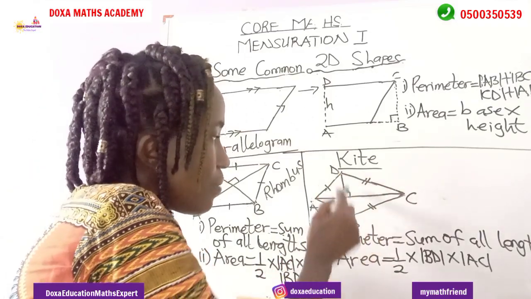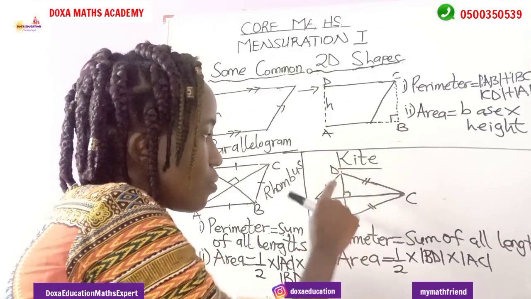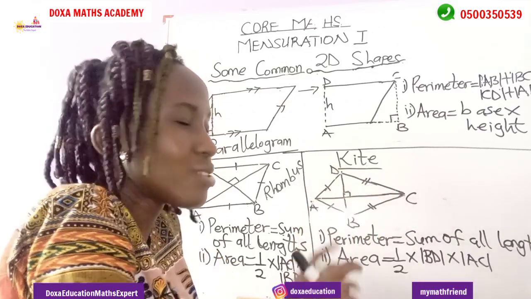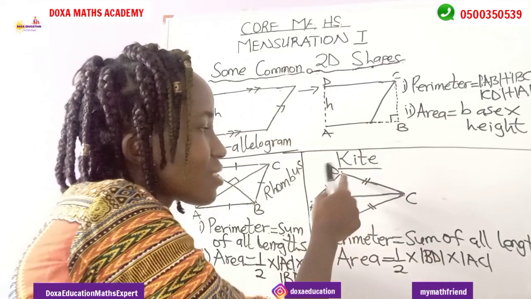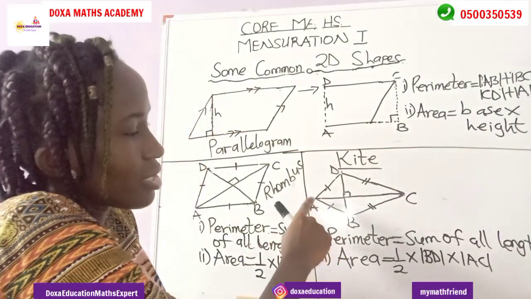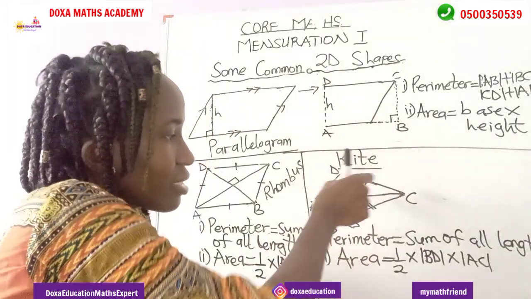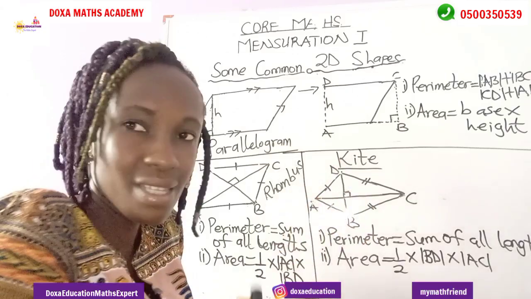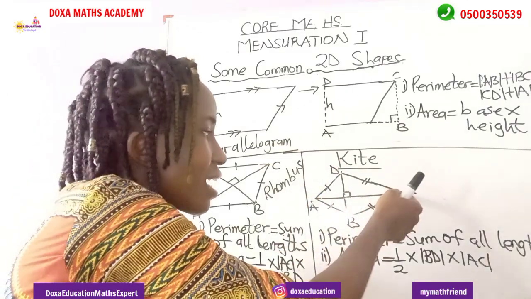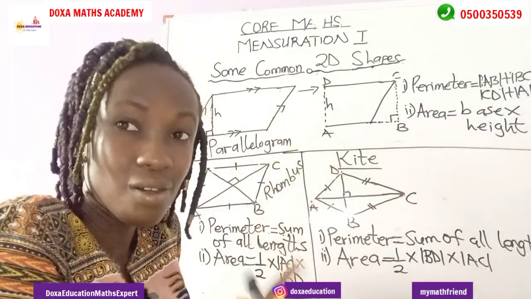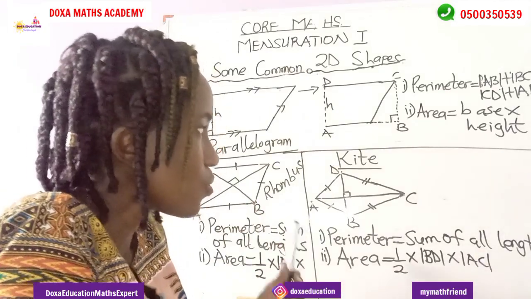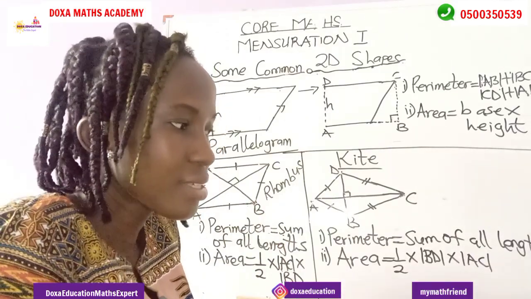Look at diagonal BD. When it cuts the shape into two, this side does not look like this, and it's not the same size. So BD is not a line of symmetry. Look at diagonal AC. When it cuts it like this, this side looks like this, and it's of the same size. So a kite only has one line of symmetry. Good. So that is it for the kite.